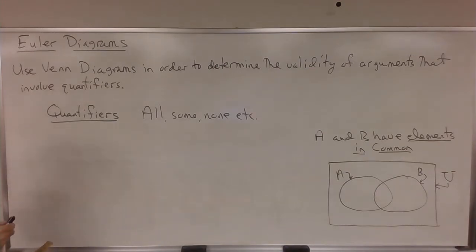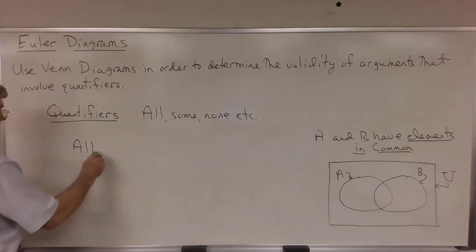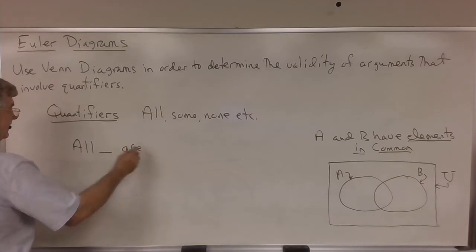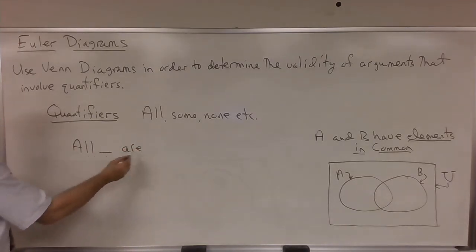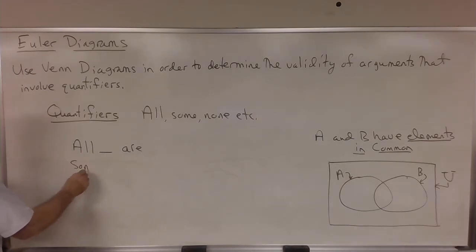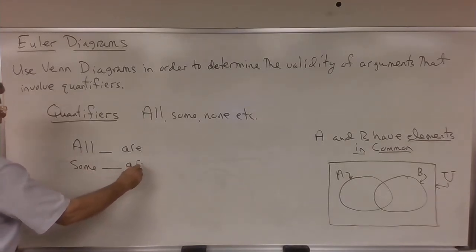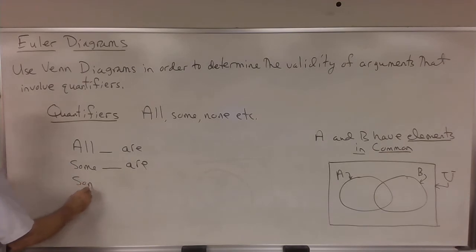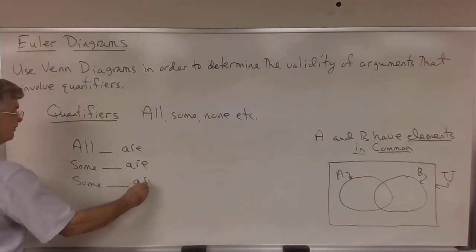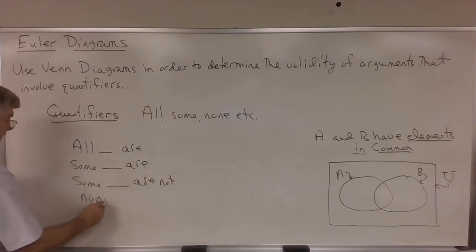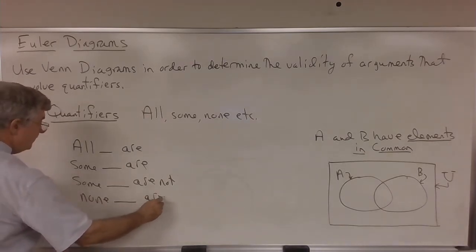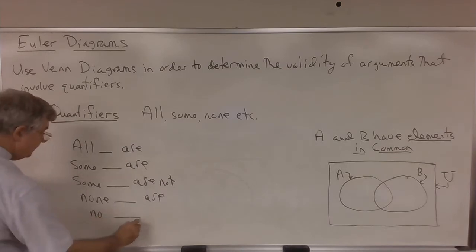The words all, some, none, and typically we're working with statements such as all such and such are, or some such and such are, or some such and such are not, or maybe none are, or no such and such are.